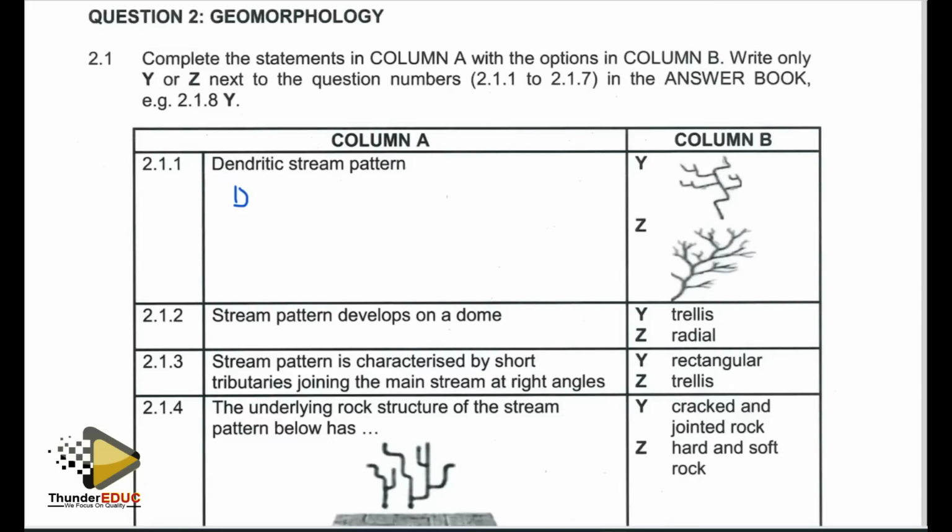If we check those two patterns, the one that reflects a tree and its branches is Z in this instance. Z is the one which resembles a tree with its branches. Y is a rectangular drainage pattern.